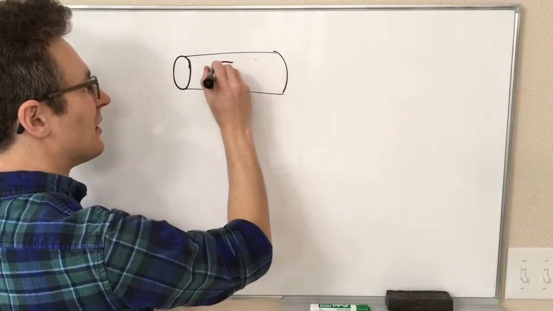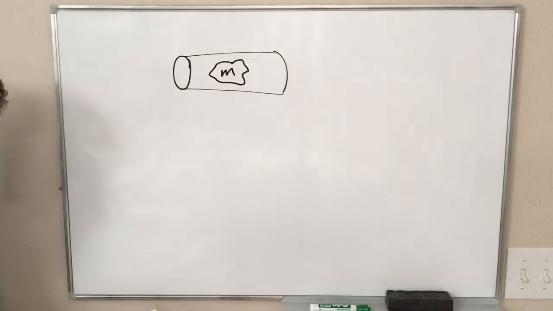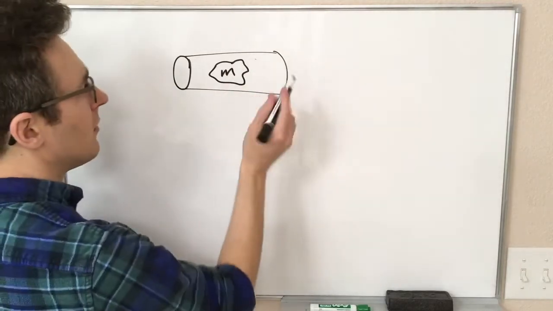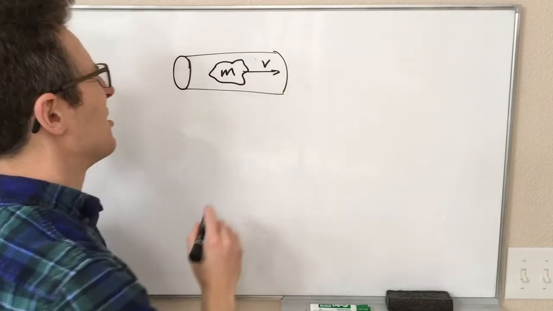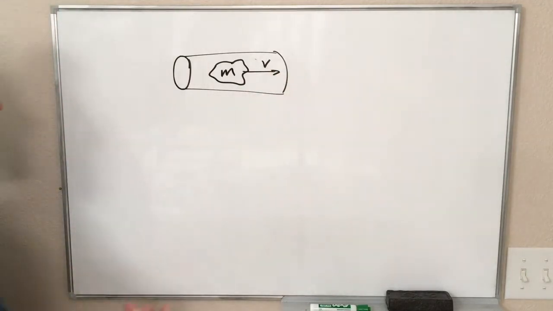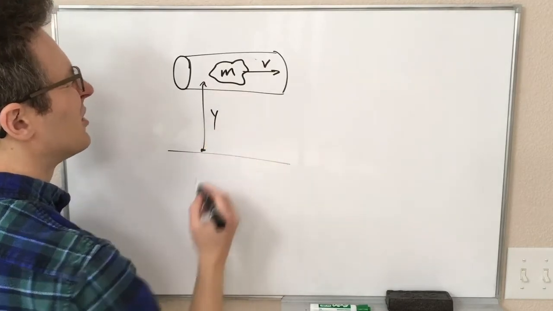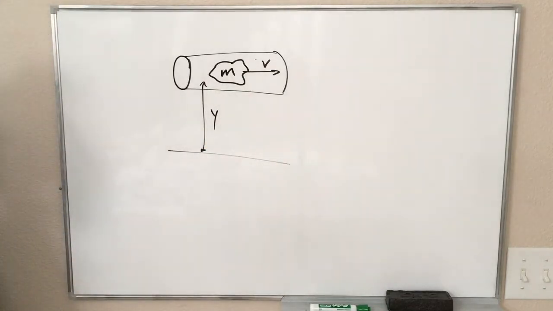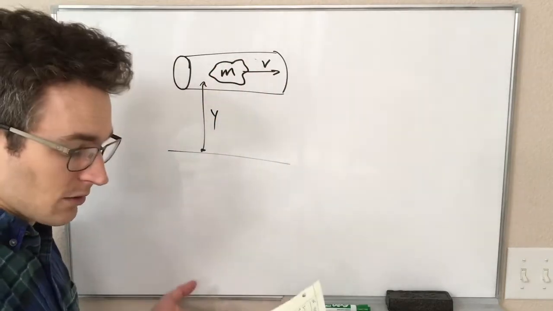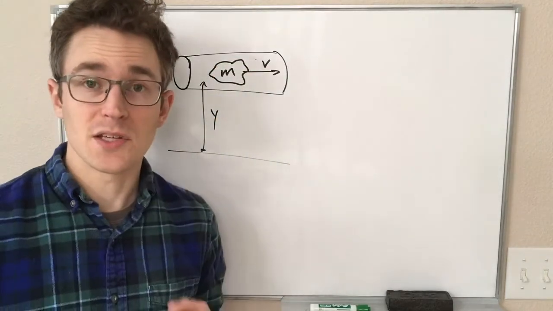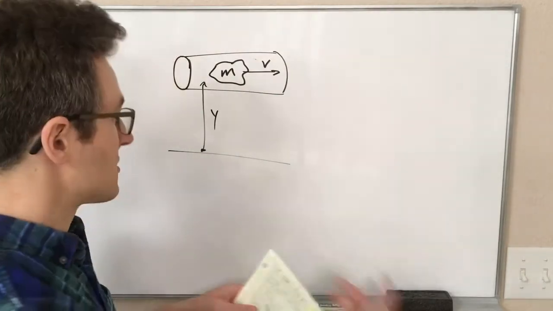So if we think of some little blob of water that has mass m, and it's flowing through the pipe, this chunk has some velocity, and maybe it's at some height above the ground, right? So we can think of this blob of water as having some energy that we can identify, right? It has kinetic energy because it's moving, and it has potential energy because it has this height above the ground.